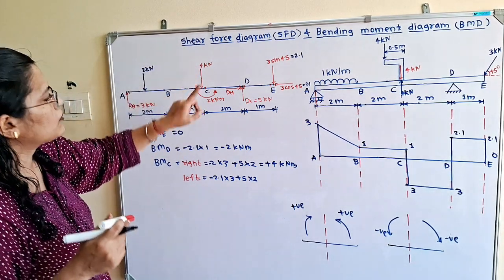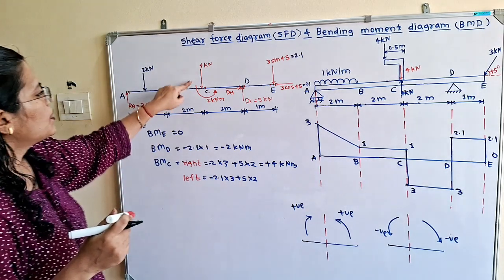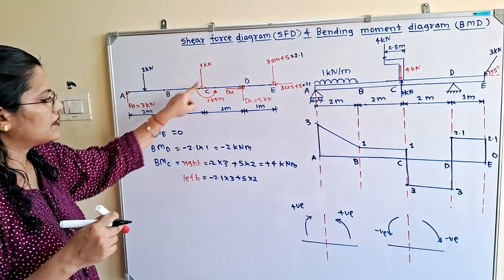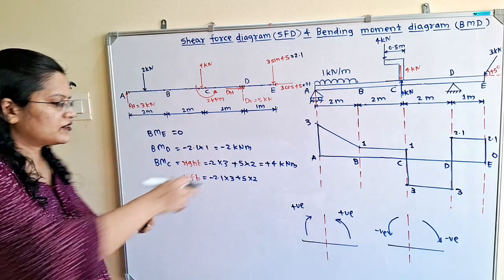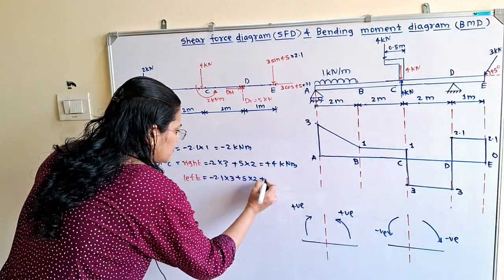So the perpendicular distance is equal to 0, but this couple we will consider which is in anti-clockwise direction, so we will use positive sign, that is plus 2.